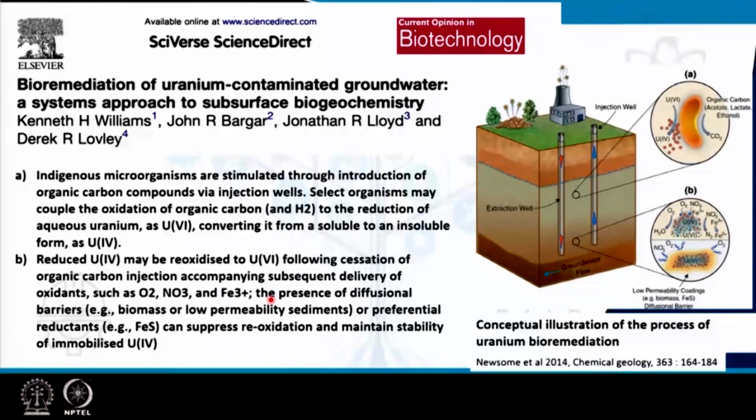So, in order to reduce the chances of reoxidation of uranium, the scientists found another innovative way: if they provide Fe3+, then Fe3+ might be reduced to Fe2+, and the ability to produce iron sulfides or iron minerals will effectively create low permeability conditions or coatings, and these will stabilize the uranium, allowing it to remain in the solid phase.